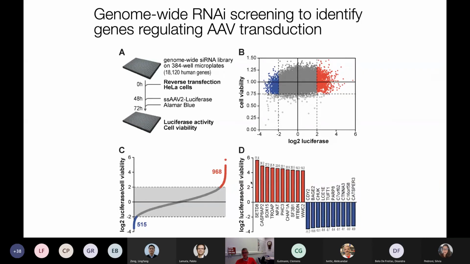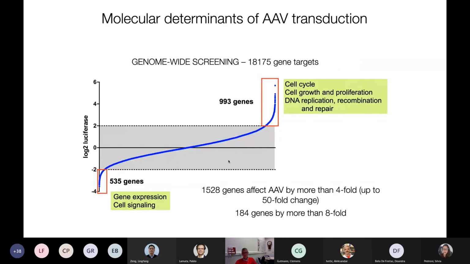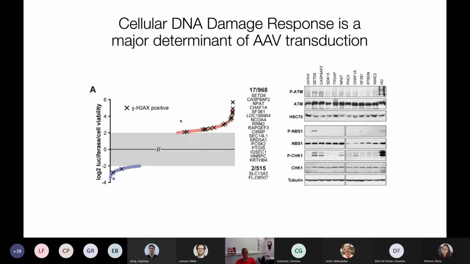This was a discovery that we made, because what we found is that any time you have a gene that increases DNA damage to the cells, so that touches the DNA damage response, you increase AAV permissivity. Just to give you an idea, all these genes that increase AAV permissivity are also genes that induce gamma-H2AX foci inside the cells if you knock them down.